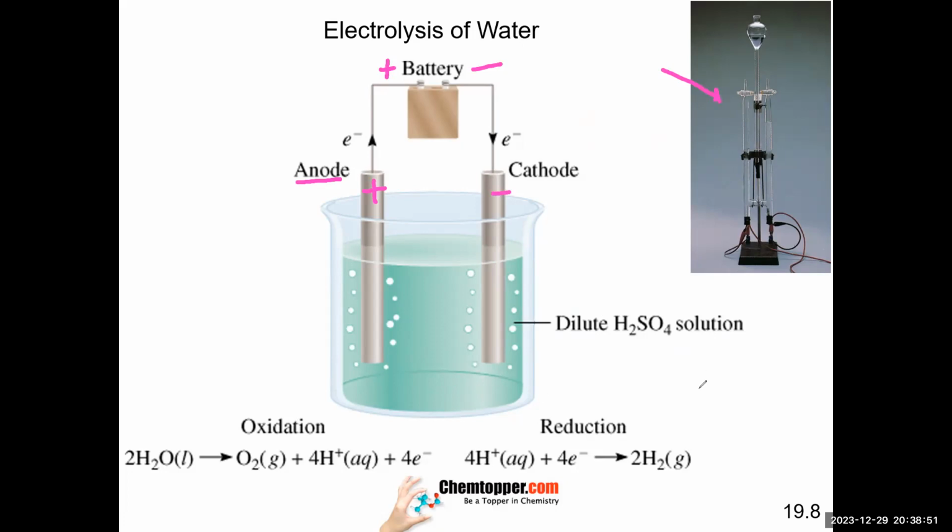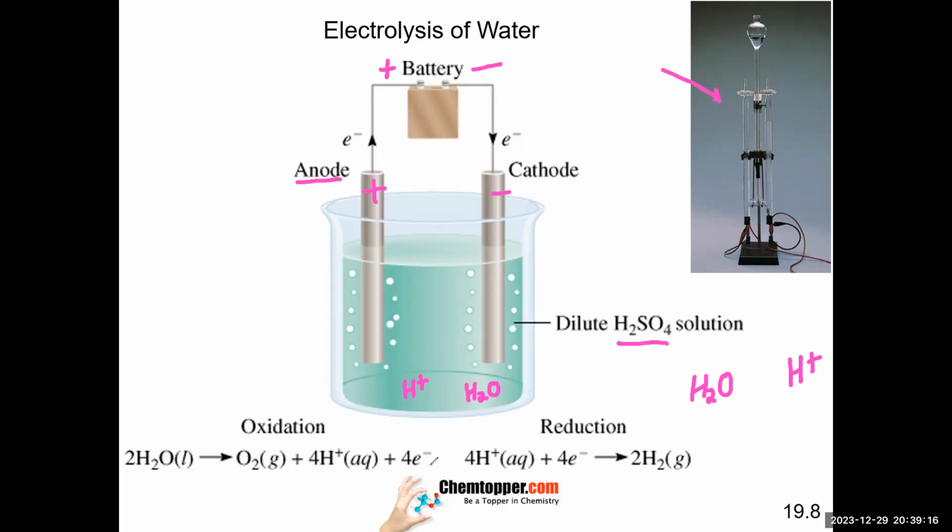In this, you have water, in which some amount of H2SO4 is added. H2SO4 will give you H plus. So we have H plus and we have H2O. Where the H plus will go? On the anode and cathode. Where it will go?